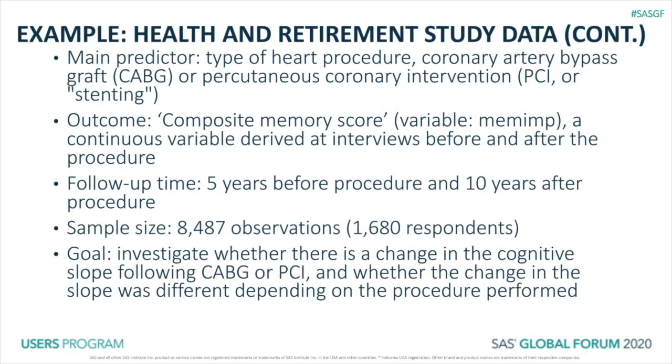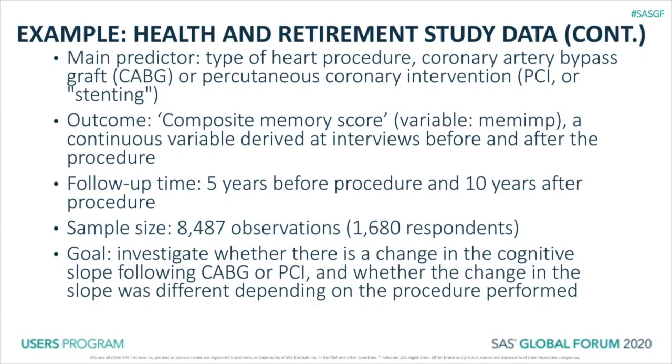Then the main predictors of this data would be the type of heart procedure, and we have 2 heart procedures that we analyze: the coronary artery bypass graft, we call CABG, or percutaneous coronary intervention, and we call it PCI. Our outcome is the composite memory score, and this is a continuous variable derived at interviews before and after the procedure.